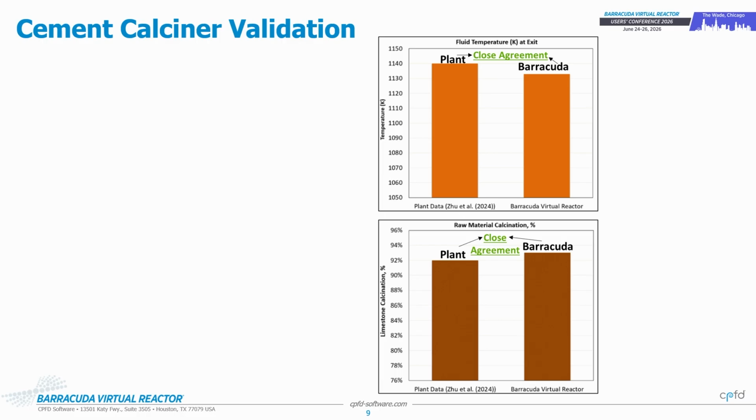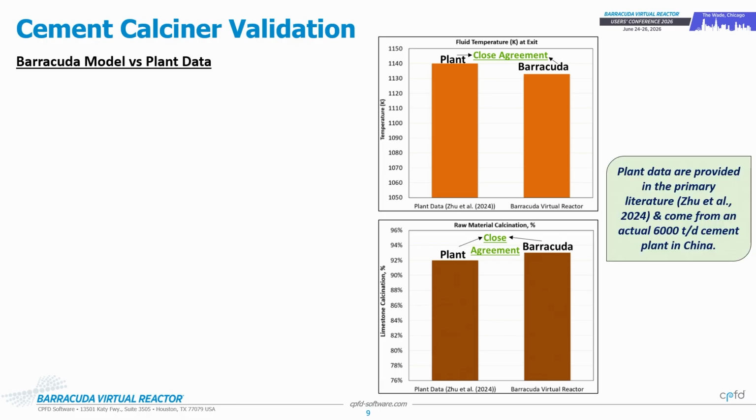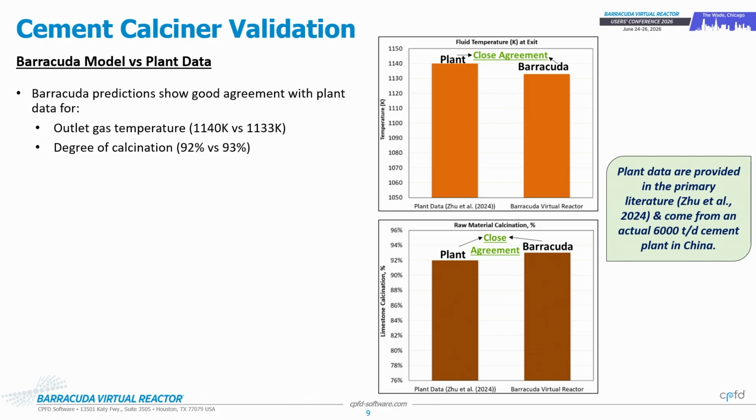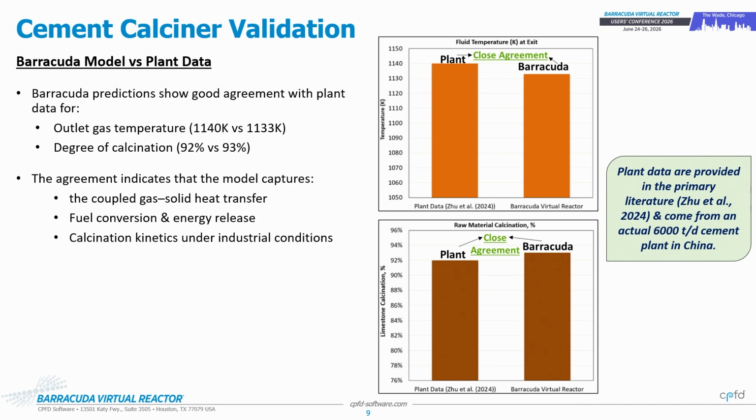What we can observe here is that Barracuda predictions for both the gas temperature and the calcination show very close agreement with the plant data. For the temperature, it's only about 7 Kelvin off, and the raw material calcination is less than 2% off. So this is excellent agreement with the plant data.